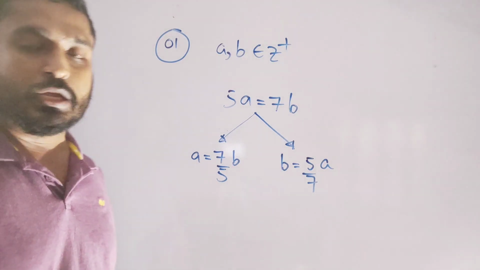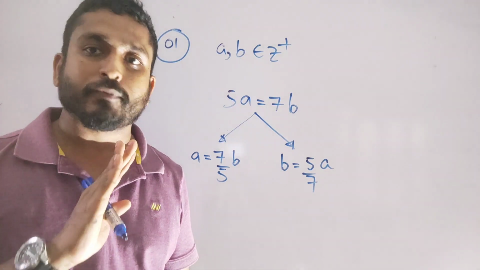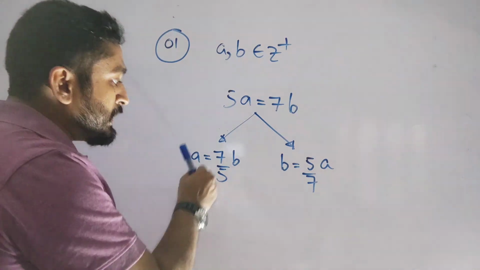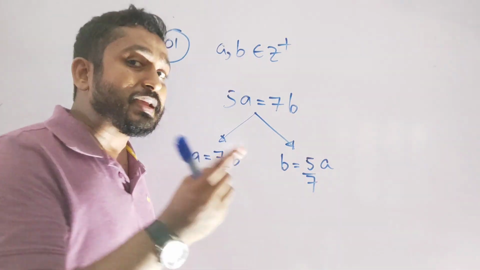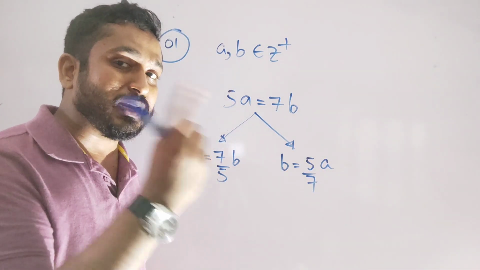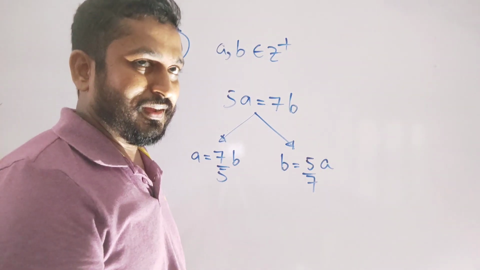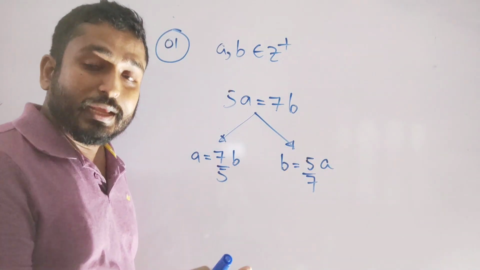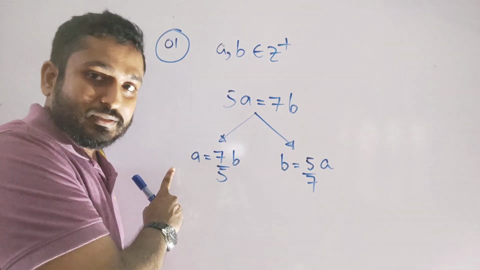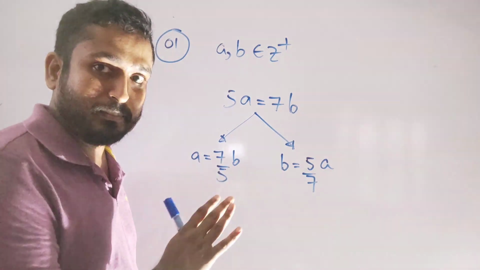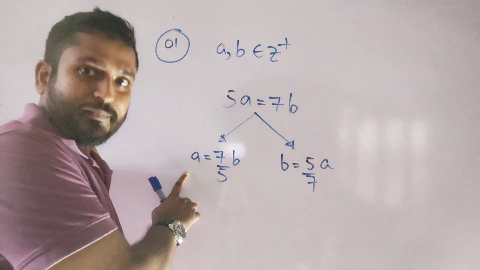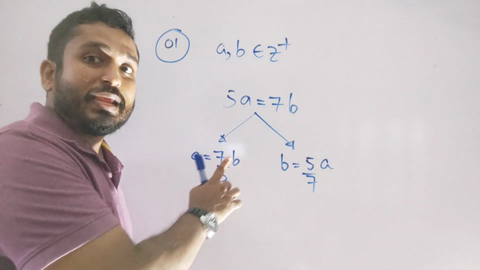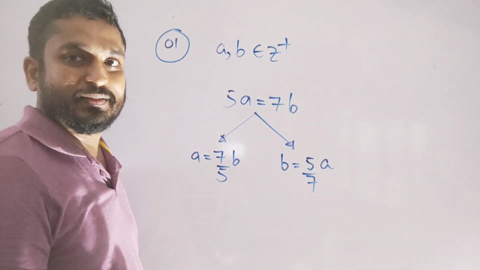The thing is this, for integers you can't have fractions at all. So for sure, for a to be a positive integer, we had a closer question in the previous challenging paper, if you remember. So a is given by 7 by 5 b. For a to be an integer, it cannot be any decimal number. For a to be an integer, b should be divided by 5.